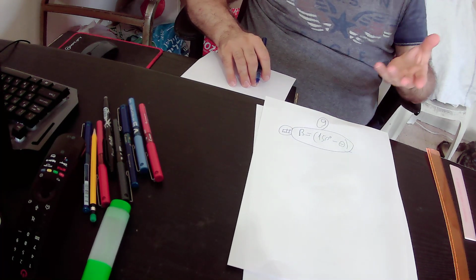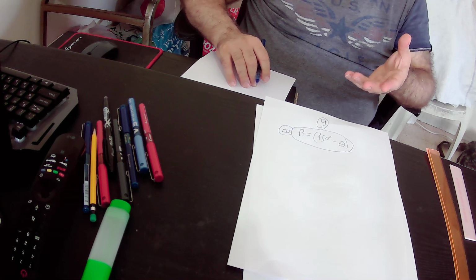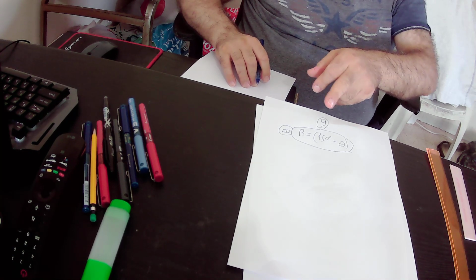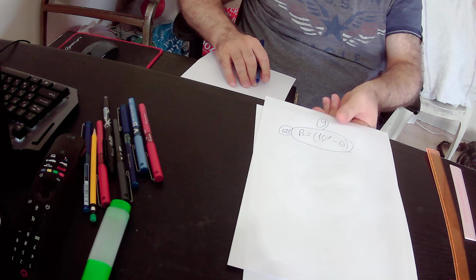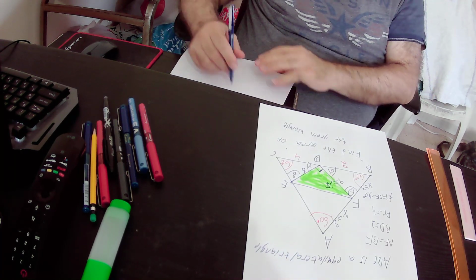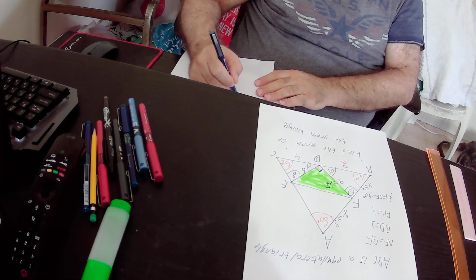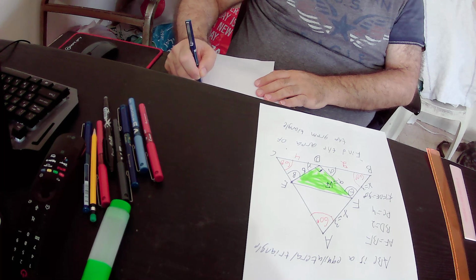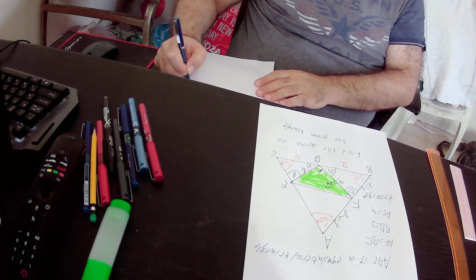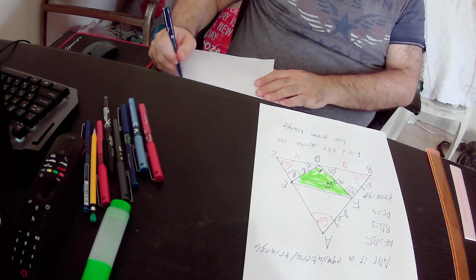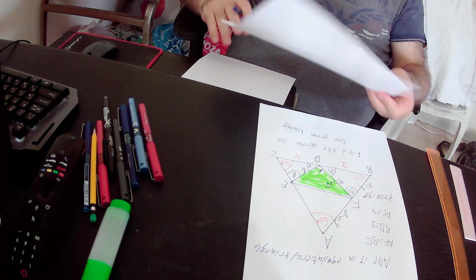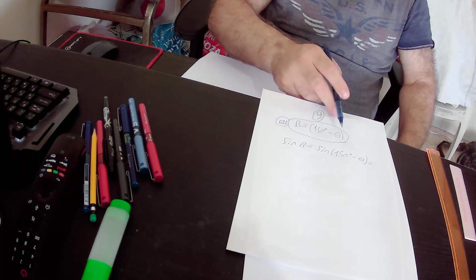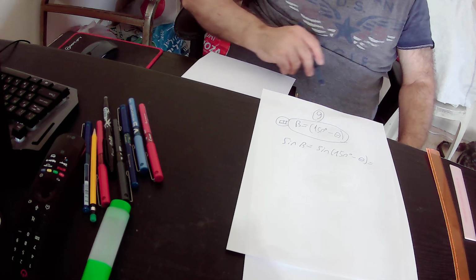So if beta equals 150 degrees minus theta, then sinus beta will be equal to sinus of 150 degrees minus theta. Beta equals 150 degrees minus theta, so sinus beta equals sinus 150 degrees minus theta.